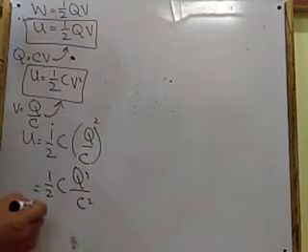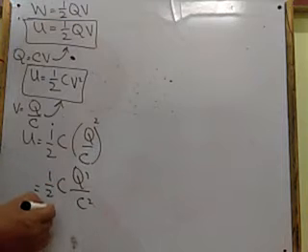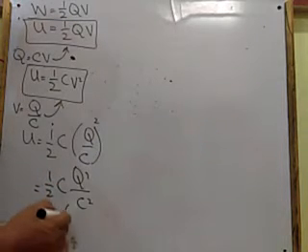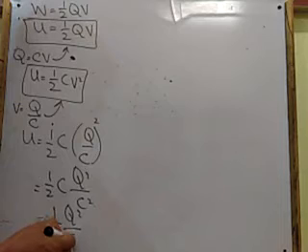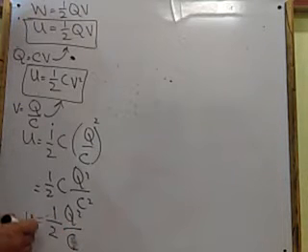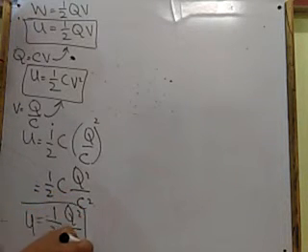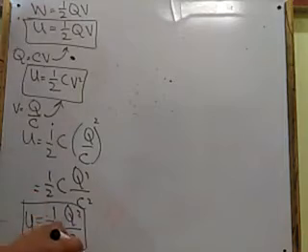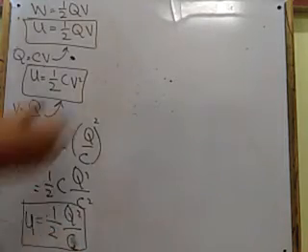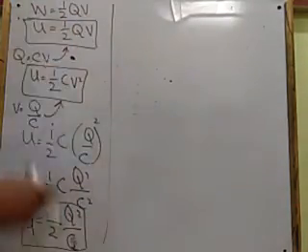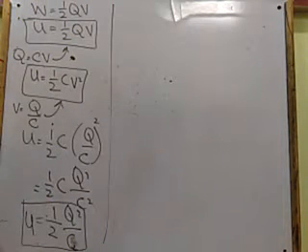Cancelling one C from numerator and denominator, finally we have 1 over 2 Q square divided by C. This is the total amount of energy stored between the plates of the capacitor in the form of electrical energy. These are different forms of the same equation.